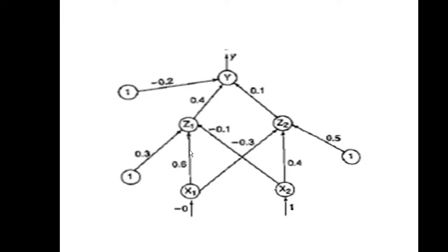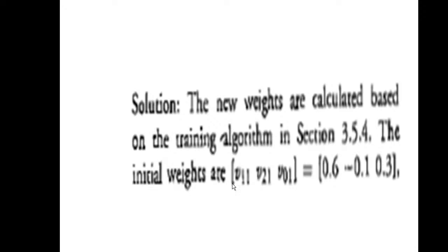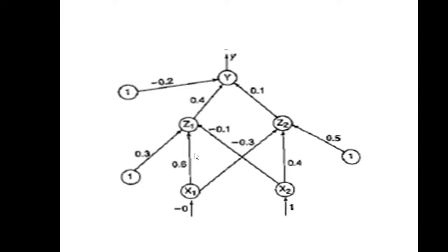We will first write the weights on this particular hidden layer, what different weights there are, and then similarly we will write the weights on the inputs going to Z2. The first ones are V11, V21 and V01, that is 0.6, minus 0.1 and 0.3. Why V21? Because on this Z1, the bias is coming and x1 is coming, so there are a total of 3 inputs coming on Z1. We write all these weights in the bracket.